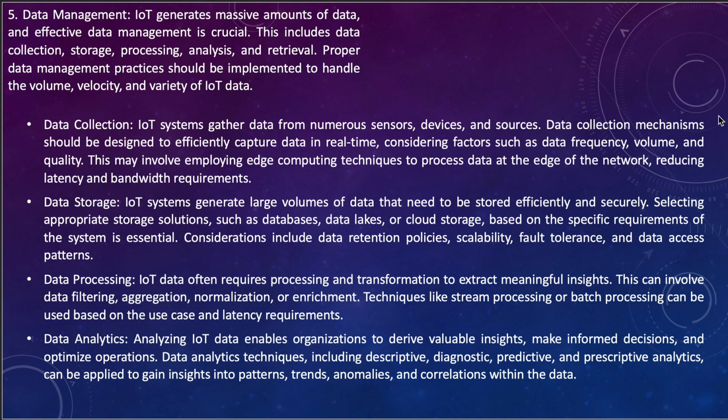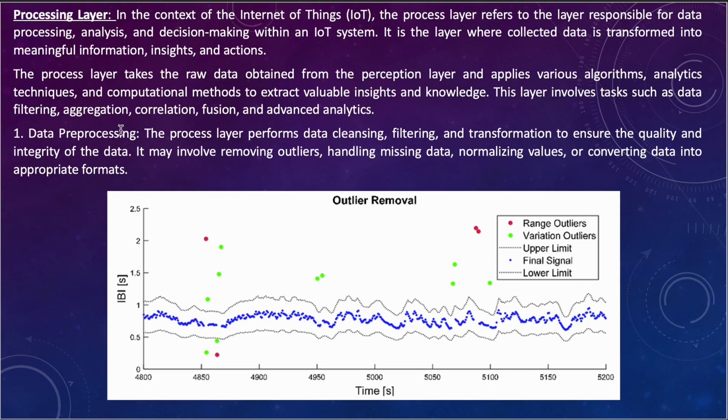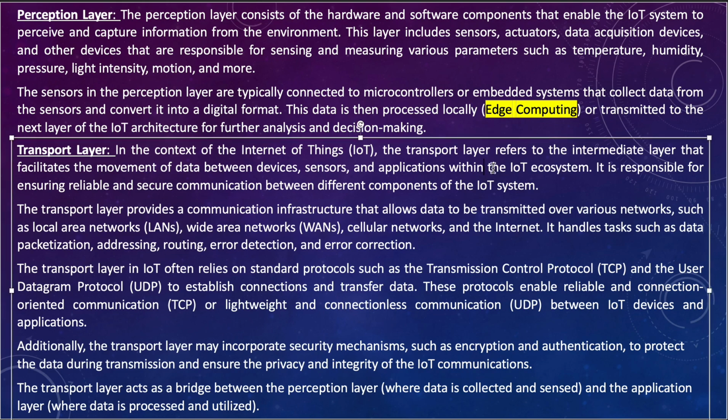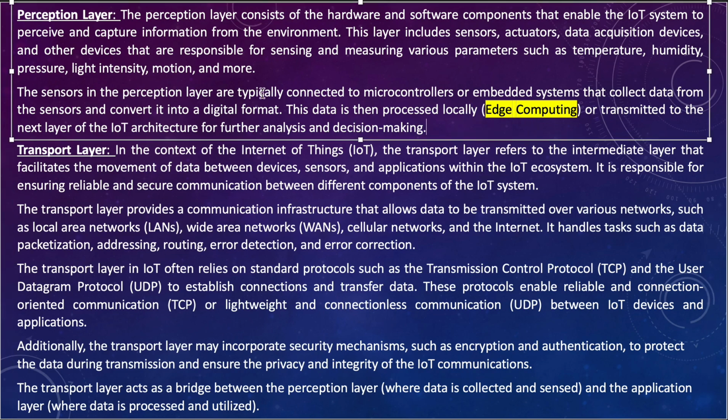So for that, to process that sensor data, we talked about it right here, when in the processing layer, we talked about there will be some kind of processing that is being done on the perception layer as well, which we called edge computing.